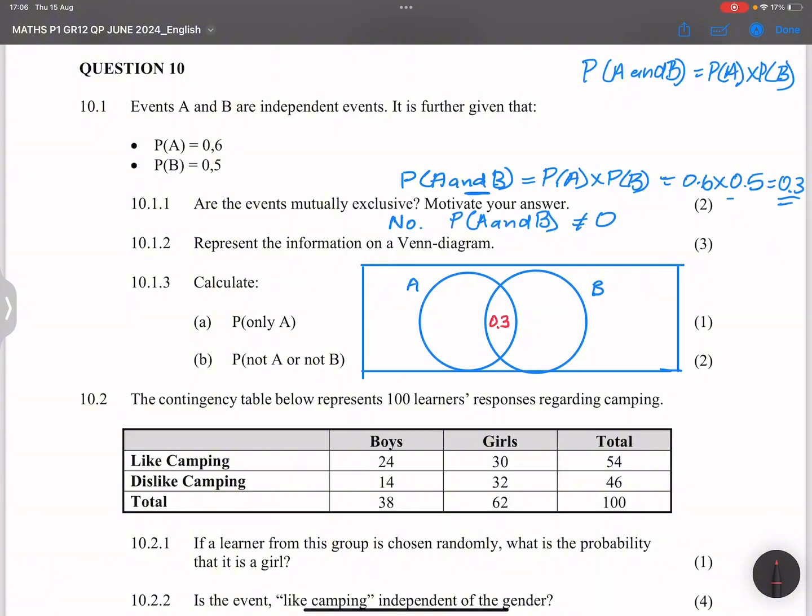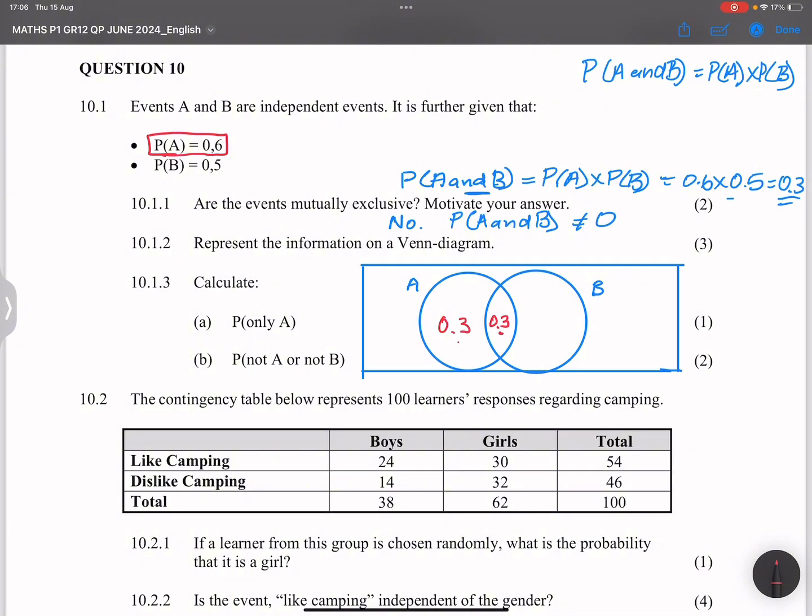And then, what do I note again? They said to me the probability of A is 0.6. So remember, when I say probability of A, that's everything under A. So in this case, this should be 0.6. Now that I've got 0.3 there, that means the probability of only A should be 0.3.